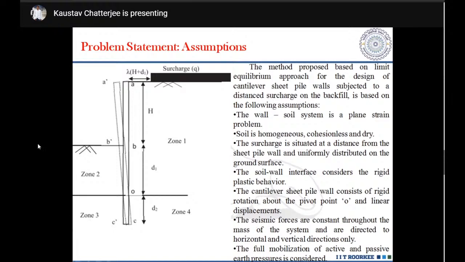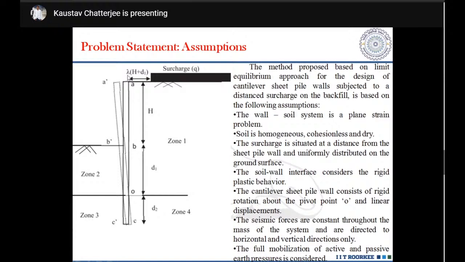And so this is the assumption that we have taken, that this A, B, C represents a sheet pile wall. This sheet pile wall is subjected to a surcharge loading of magnitude small q, and this surcharge is located at different distances from the top of the wall.